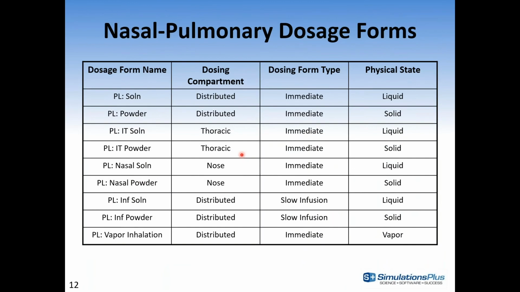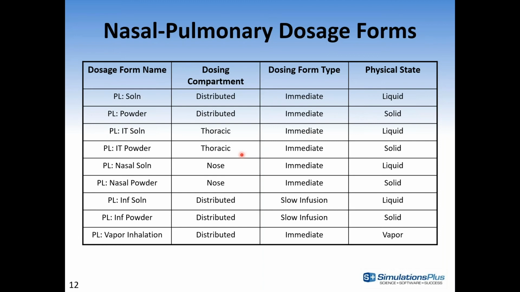Here is the list of dosage form options that are currently available to select from on the main compound page of GastroPlus. So the area where you have historically selected whether you're simulating for IV doses, IR, solution, suspension, capsule, tablet doses.